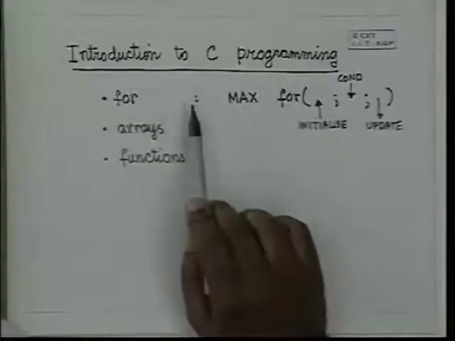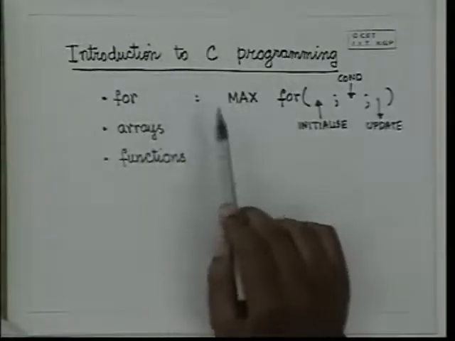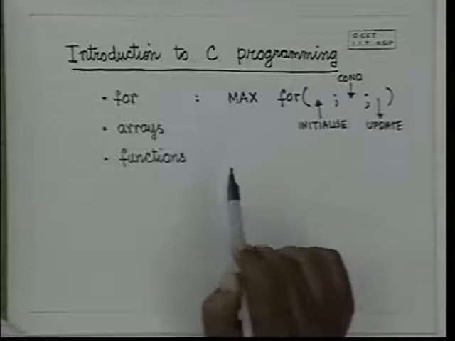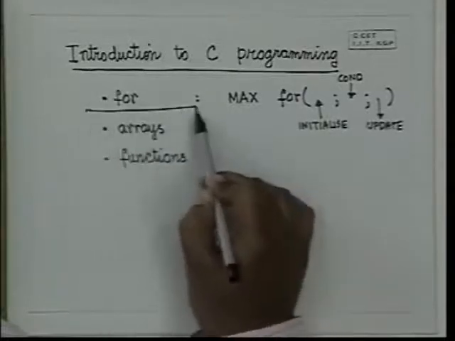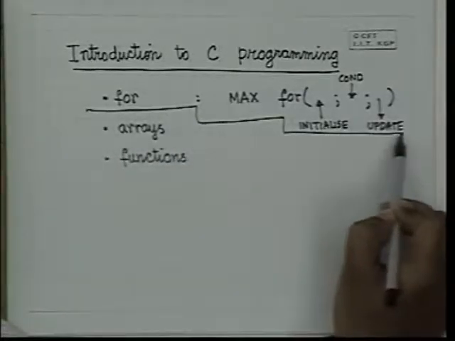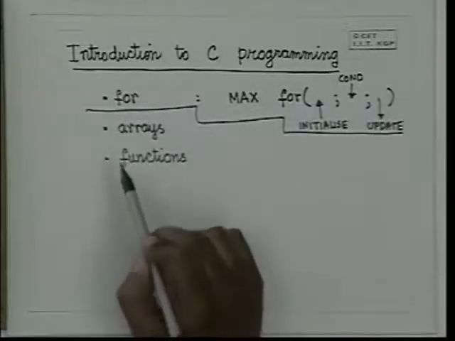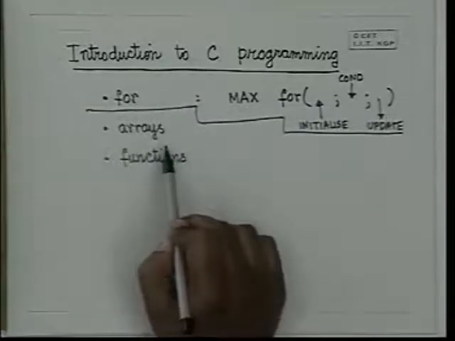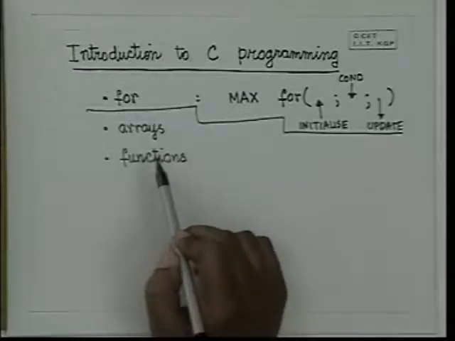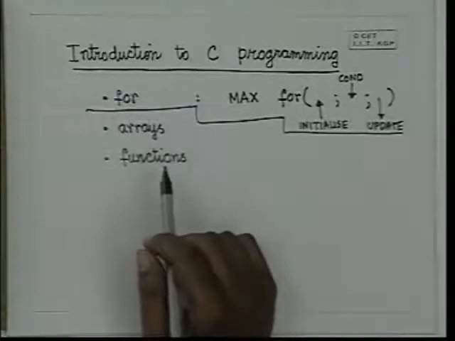There are other looping constructs like do and while, and we will not explicitly go through them, and we will visit them as and when we come through examples. So after having done the loop construct, we will see how to use arrays. Arrays are vital for any programming, because whenever you have to read in a block of data and you have to use it, you must require arrays.